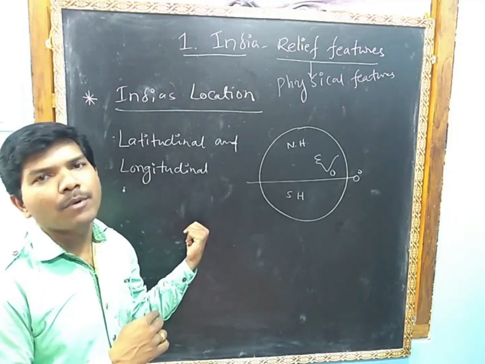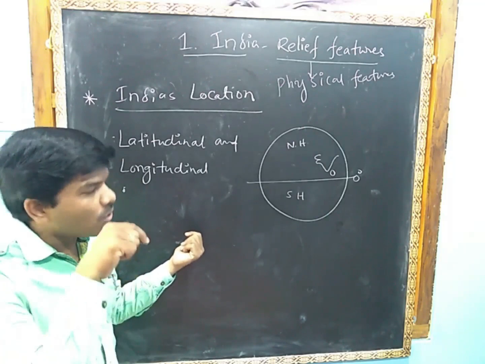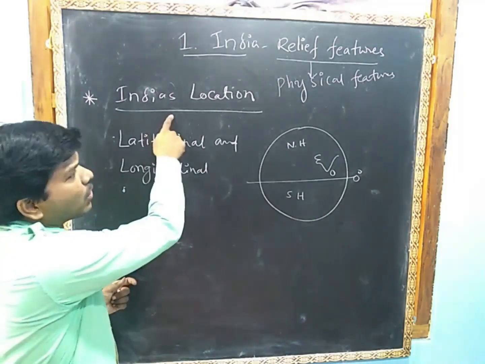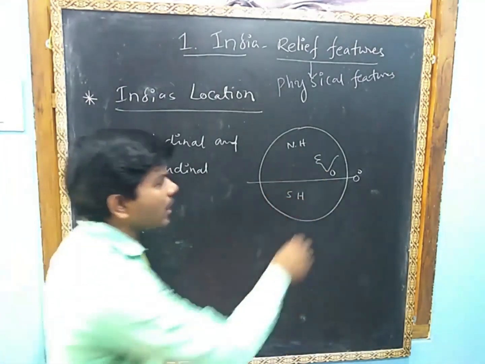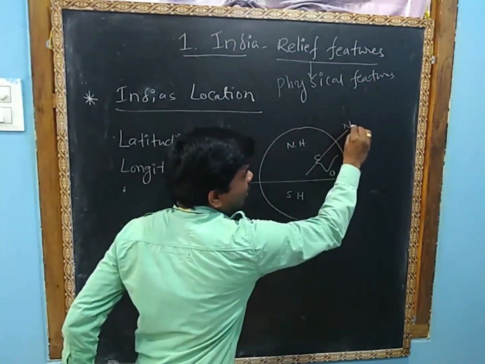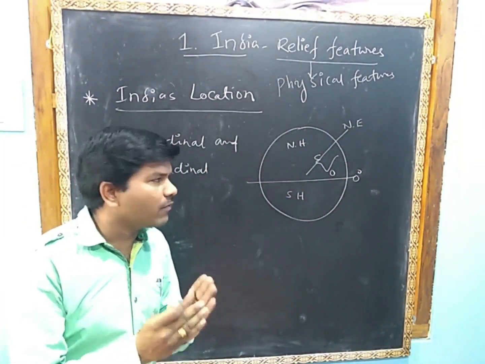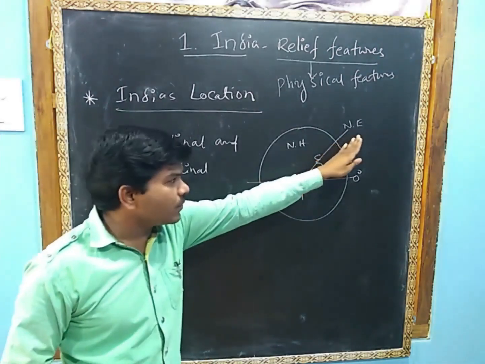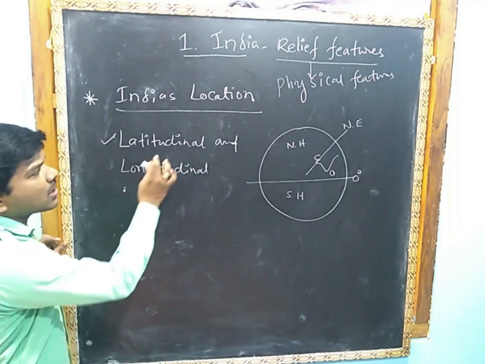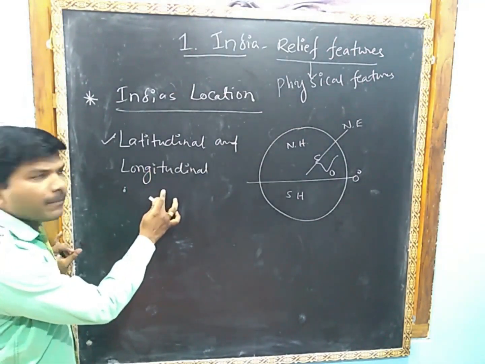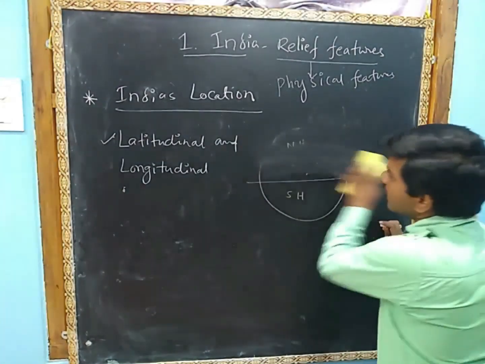It's a very important question from the SSC annual examination point of view. So right now we have learned that India is located in the northern hemisphere, on the northeast side of the globe. Now let us see the latitudinal and longitudinal extent of India.